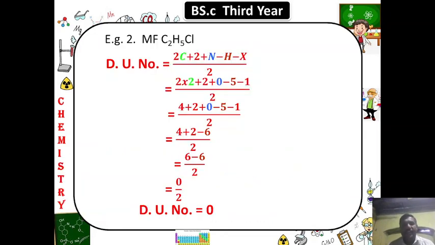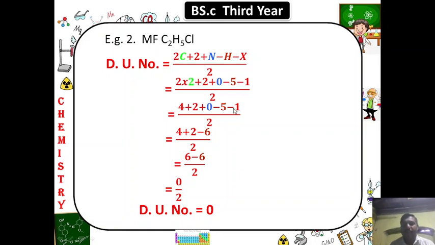Then see the next example, the molecular formula C2H5Cl. Take another formula. The carbon number here is 2, halogen is 1, and hydrogen is 5. Then we calculate 2 into 2, 4, plus 2 plus 0 minus 5 minus 1.